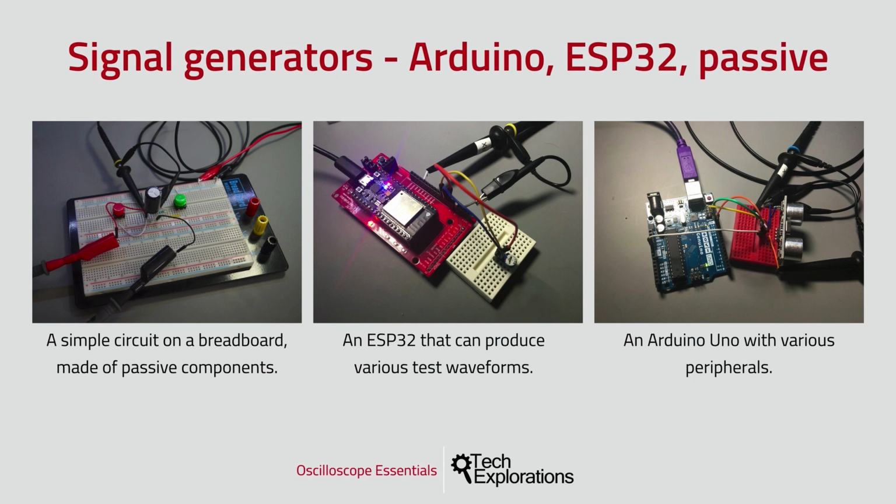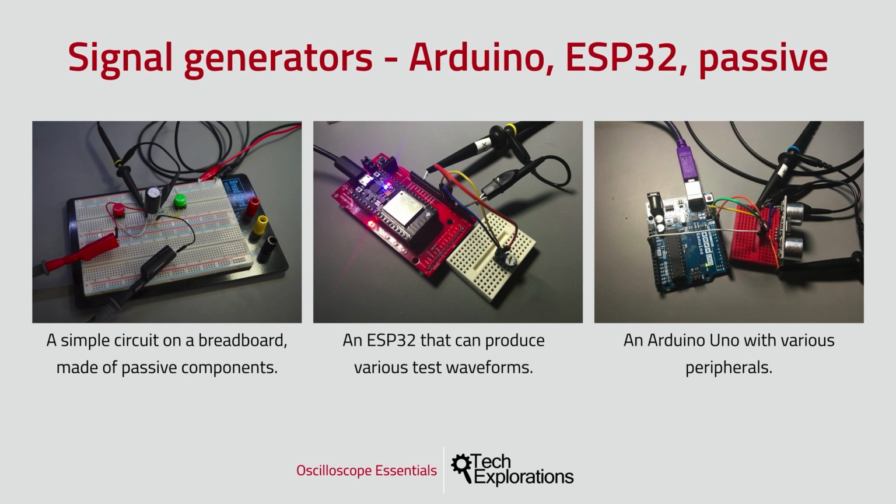In the middle and on the right side, I've got two microcontrollers. There's the ESP32 and the Arduino Uno, and I'll be using those two microcontrollers to generate some more sophisticated and more configurable test signals. In the middle, the ESP32, with the sketch that goes with it, will be able to produce a variety of test signals.